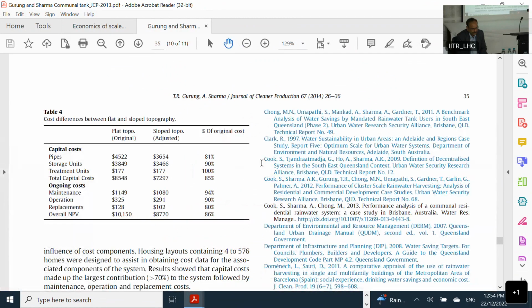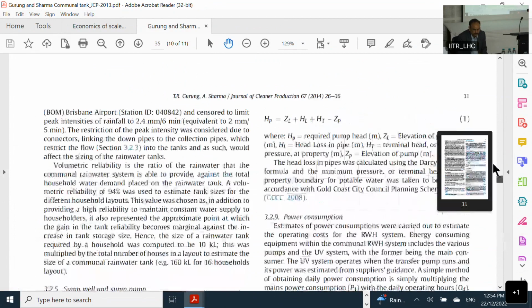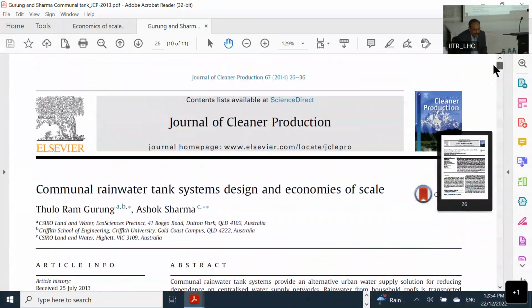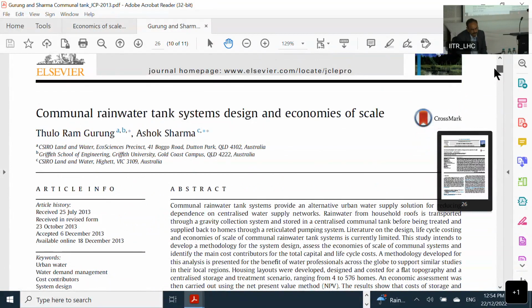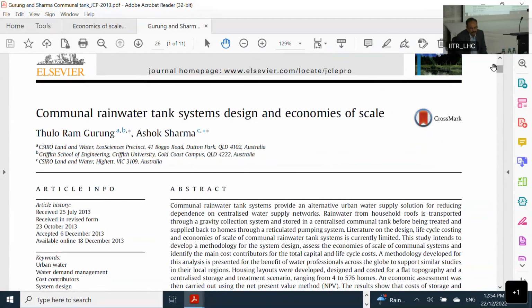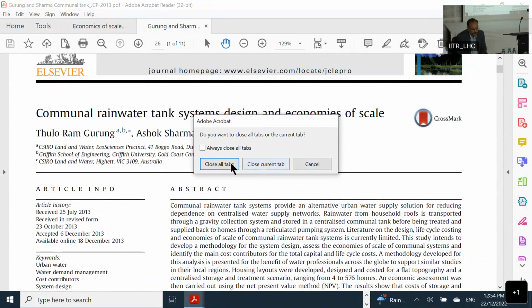Another report which I will show you. This is the journal article based on the economies of scale of communal rainwater tanks, which we will share with you. But there is a whole report which has been written.